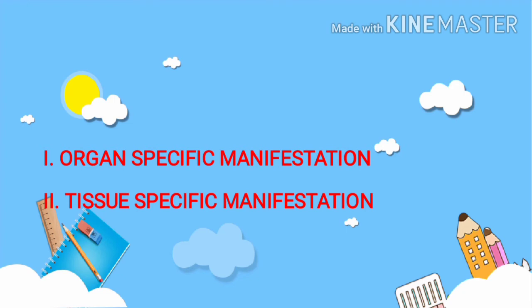Children, when microbe affects the same organ or an organ of the same system as the point of entry, it will be called as organ-specific manifestation. When microbes affect an entirely different organ from its point of entry, it will be called as tissue-specific manifestation.